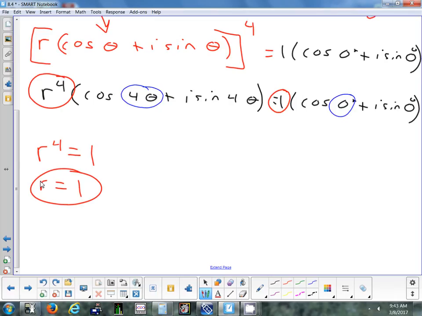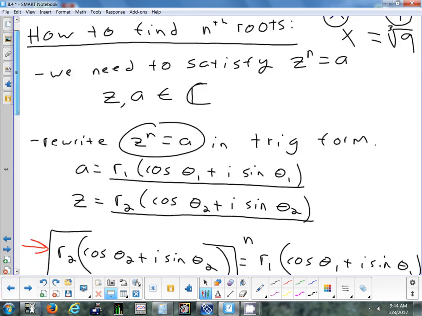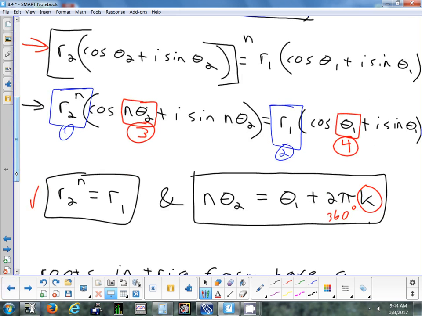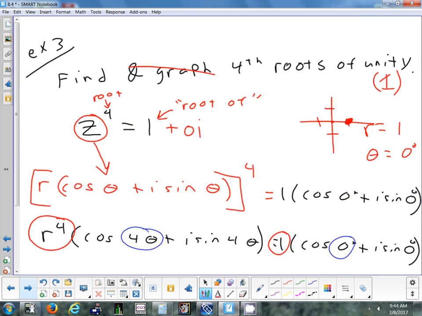And now let's set up our angle. 4 theta has to equal 0, or, let's go back and look, the angle plus, it could be 2 pi or it could be 360, depending on what units you used. We use degrees.